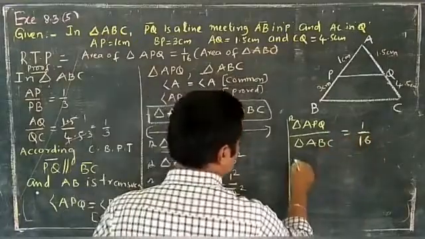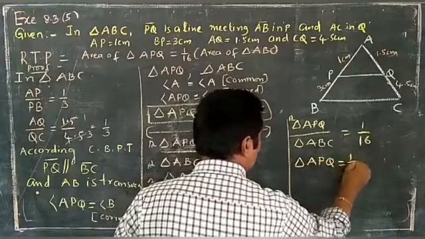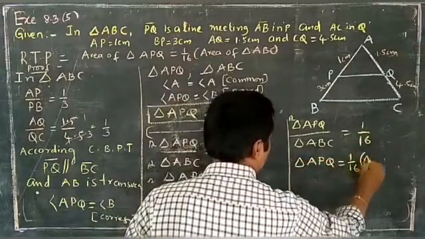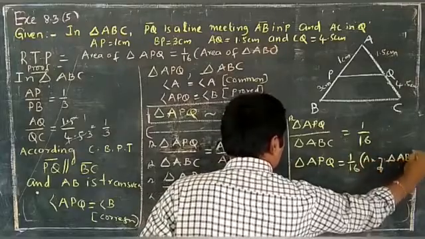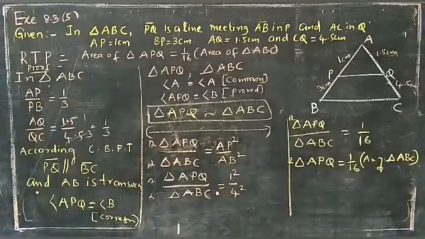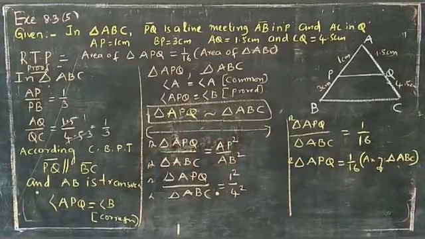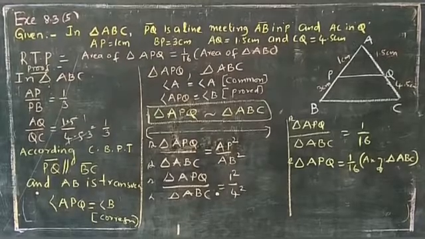Shifting the area of triangle ABC to that side, we get area of triangle APQ is equal to 1 by 16 of the area of triangle ABC. This is the clear statement. Have you understood? Note it.